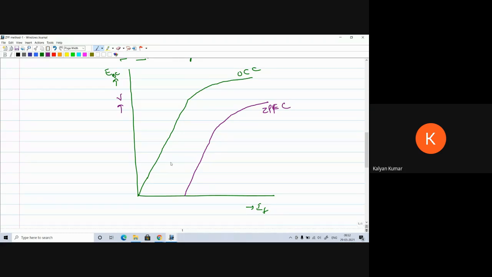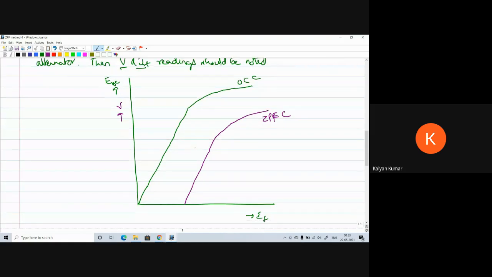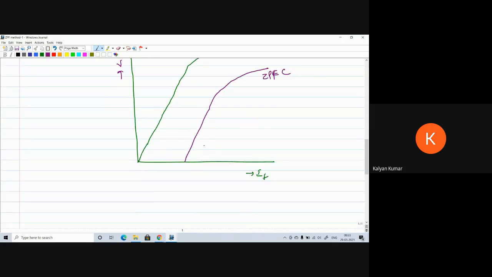So armature reaction effect ని ఓవర్కమ్ చేయడానికి మనకు ఎంతైతే ఫీల్డ్ కరెంట్ కావాలో, ఆ వాల్యూకి సమానంగా హారిజాంటల్ గా డిస్ప్లేస్ అయి ఉంటాయి. OCC, ZPFC curves have a small horizontal displacement. This horizontal gap between the OCC and ZPFC indicates the field excitation or field impedance required to overcome the armature reaction. So we'll get the OCC and ZPFC curves in this manner.